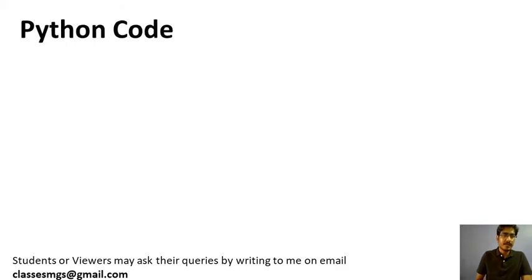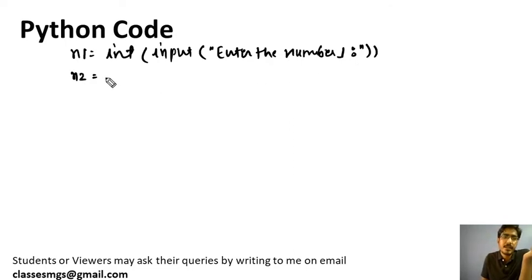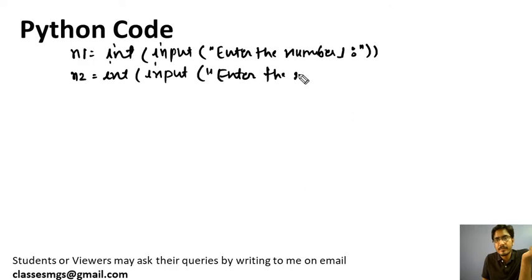Here we will write our program. First we will take the 3 inputs. So I am taking n1 as integer input, enter the number 1. Now I will take the number 2 as integer input, enter the number 2.